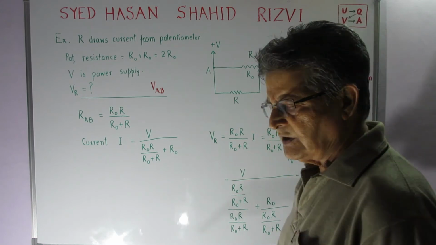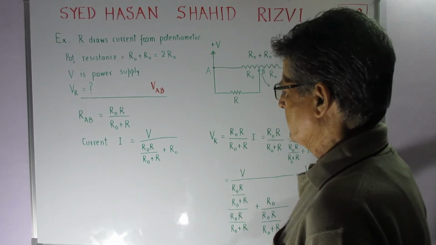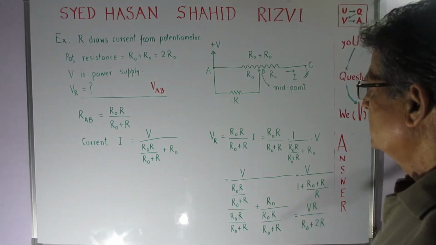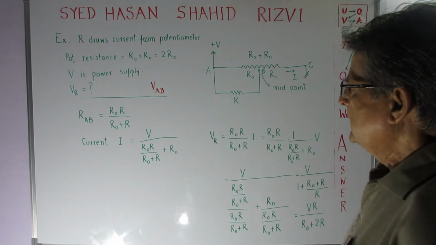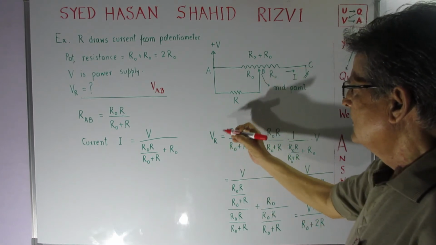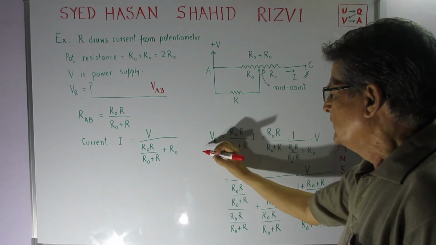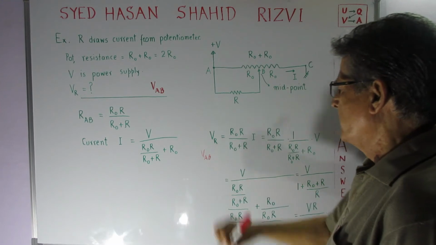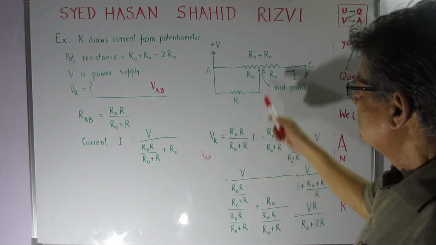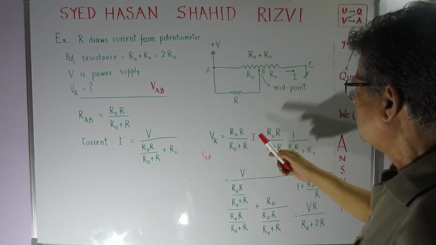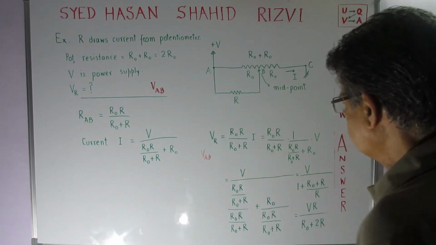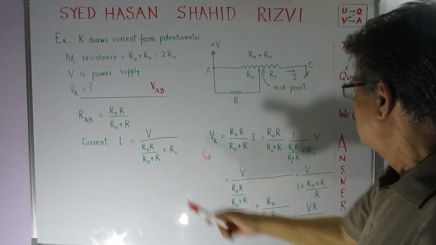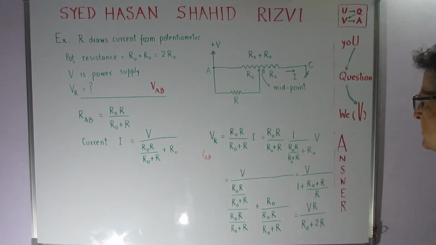This is the resistance between the points A and C. So therefore we can write V_AB between the points A and B. This will be equal to the total resistance over here multiplied with current I. So I write this, and for current I put this over here, just a mere substitution.